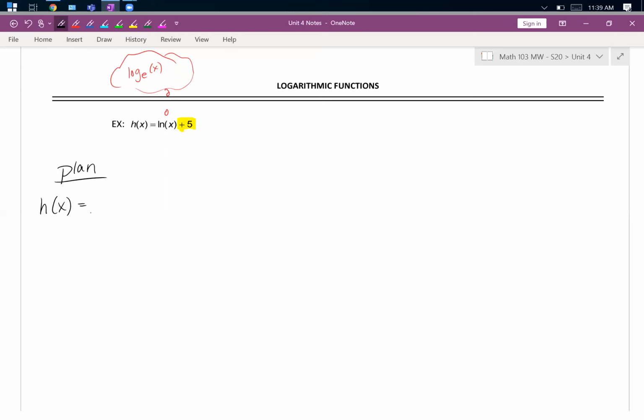So h of x equals ln of x. You got it. I know we're used to seeing it like log base e of x, but it's just natural log of x. If you need to think it or even write it, I don't care. But I need you to know that log base e and a natural log are the same thing.